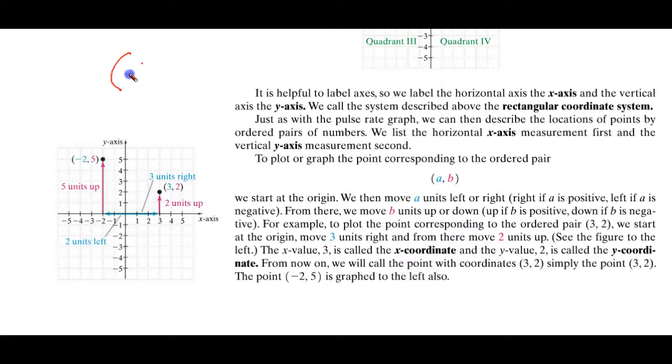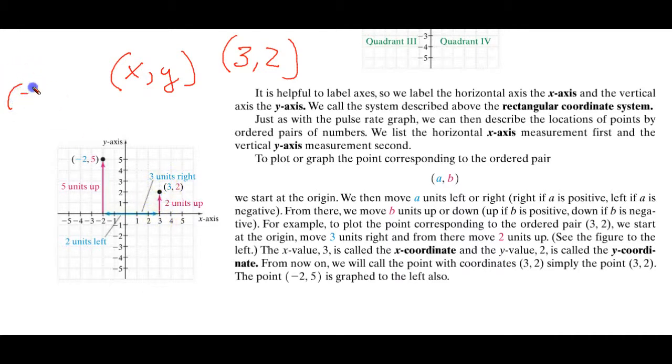As we mentioned above, it's x comma y. And if you had a point 3 comma 2, the way to do it, you would start with the origin and then plot the x, which is over 3, and then the y, which is up 2.